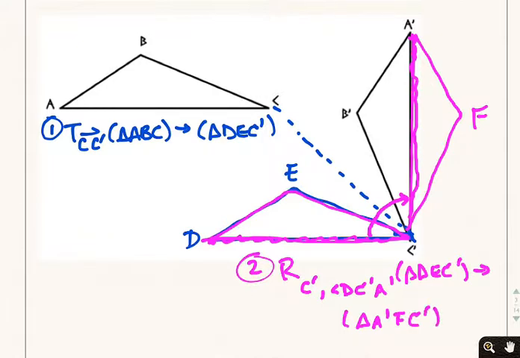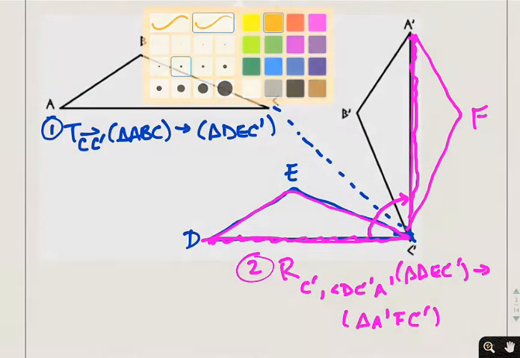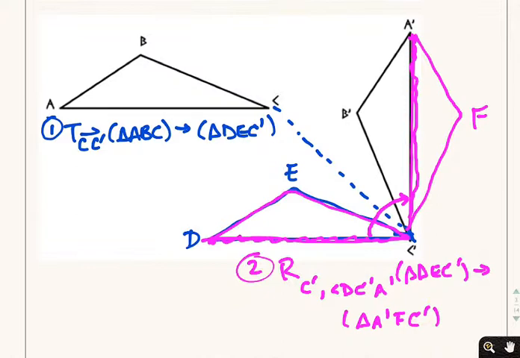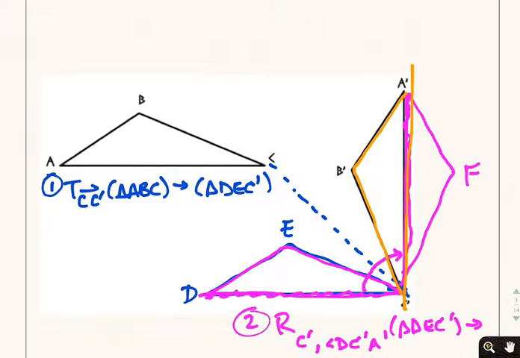Okay, one last thing left to do, and that is to reflect. Now, I'm not going to bother to show you the reflection. I'm just going to go ahead and draw on top of it, and I'll use orange to do so. But this is going to be my line of reflection, and my triangle will now lie here. Okay? And I don't need to rename it because it's going to be the triangle's final position.